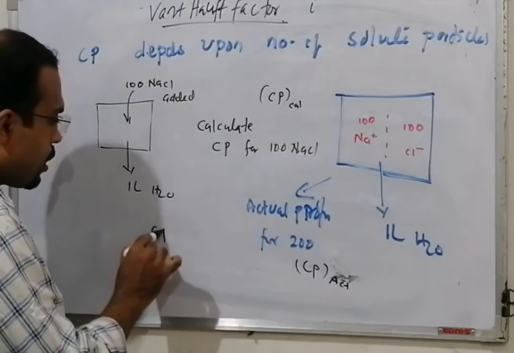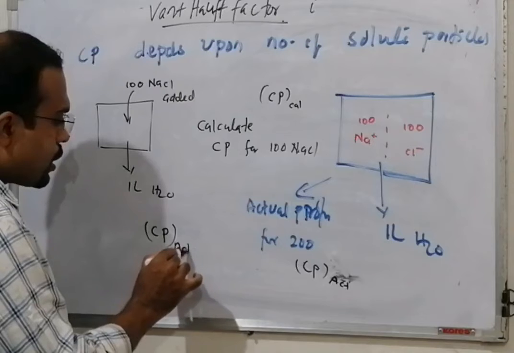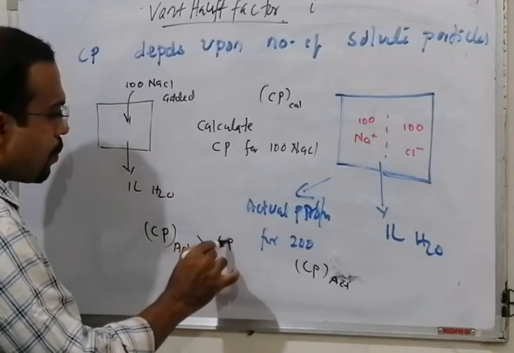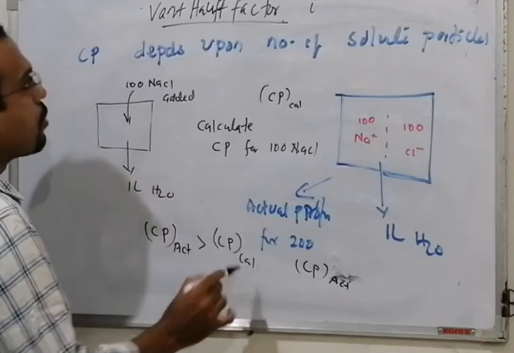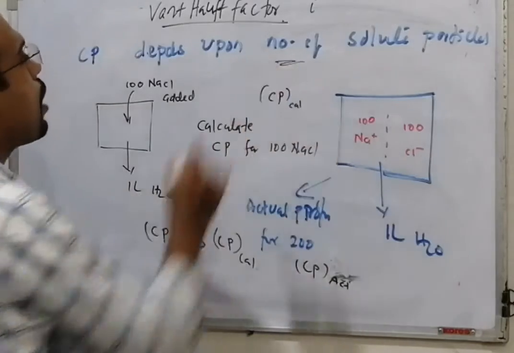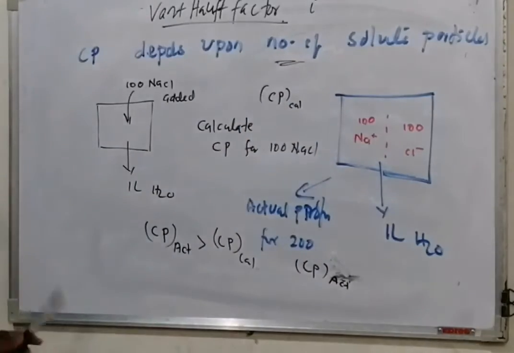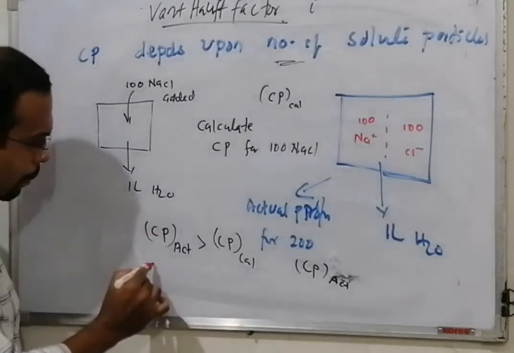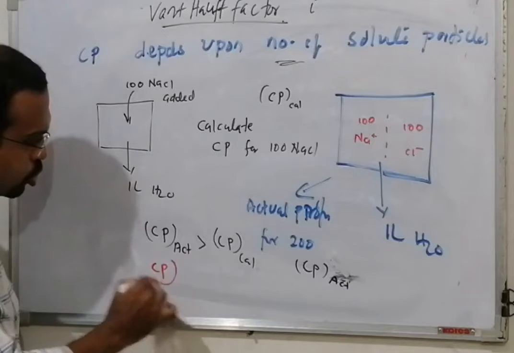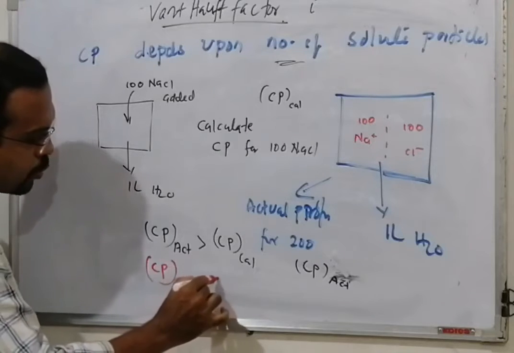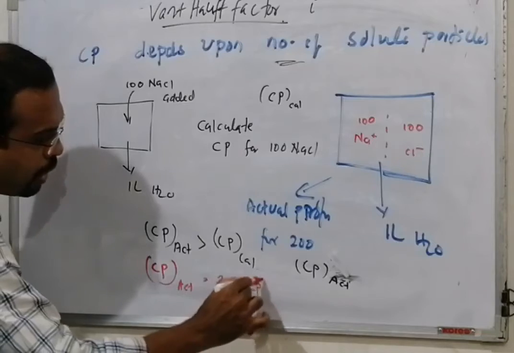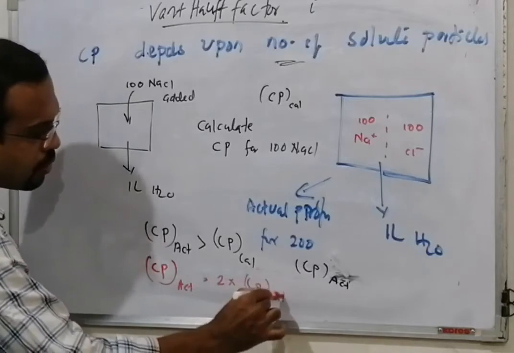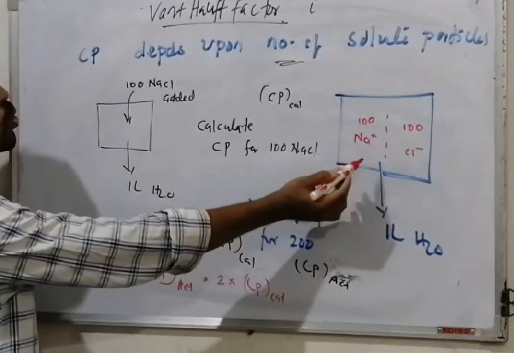Which is higher? Cp actual is greater than Cp calculated because it only depends upon the number of particles. And not only that, Cp actual is equal to 2 times Cp calculated because its number is 2 times greater.